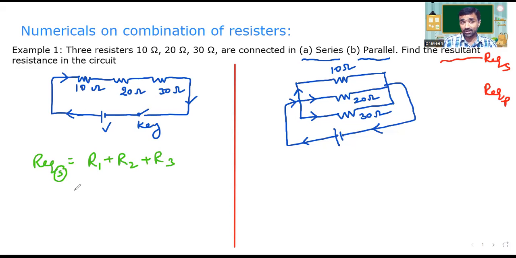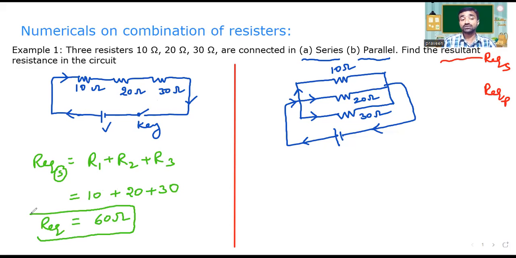R1 is 10 ohms, R2 is 20 ohms, and R3 is 30 ohms. Then 10 plus 20 plus 30 is 60 ohms. So the equivalent resistance of the whole circuit by these three resistors is 60 ohms.